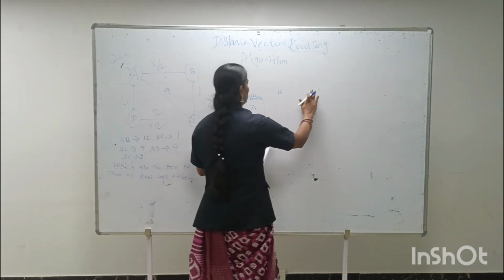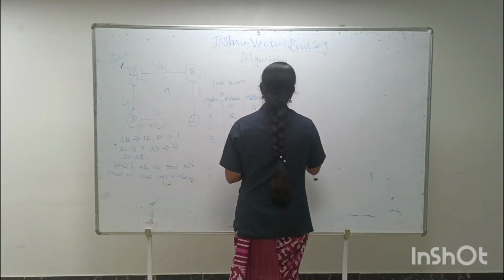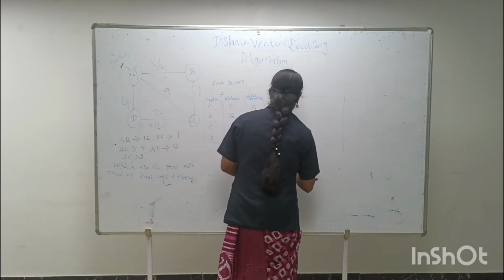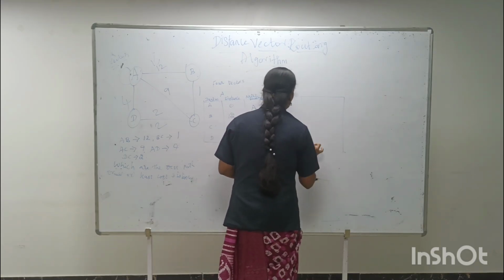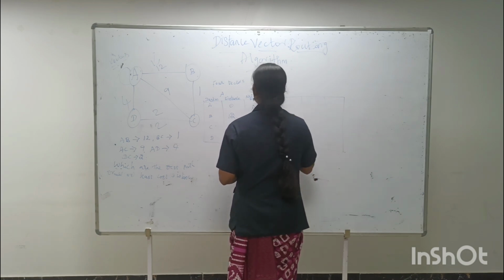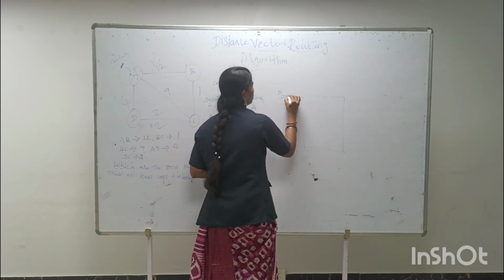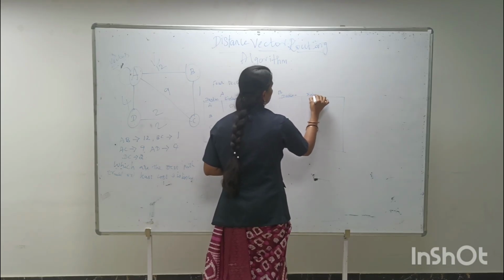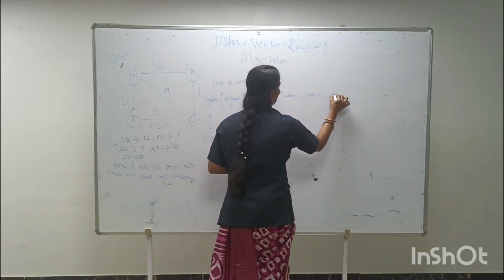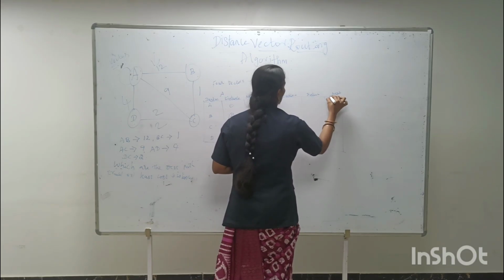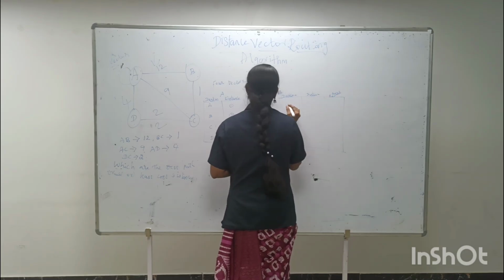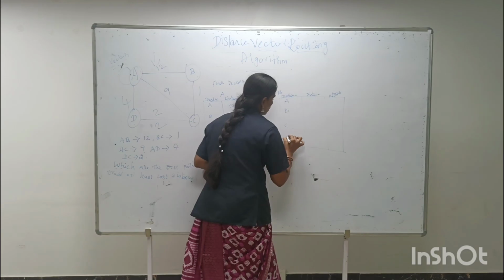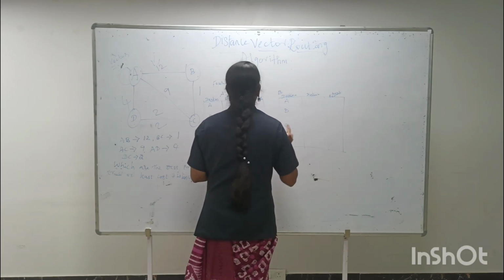So for B, the same: destination, distance and next. Here also we write A, B, C, D as our vectors.